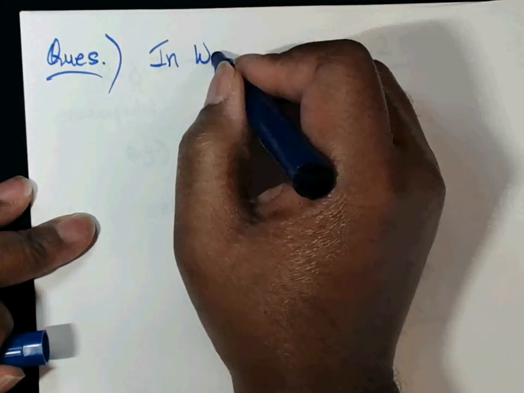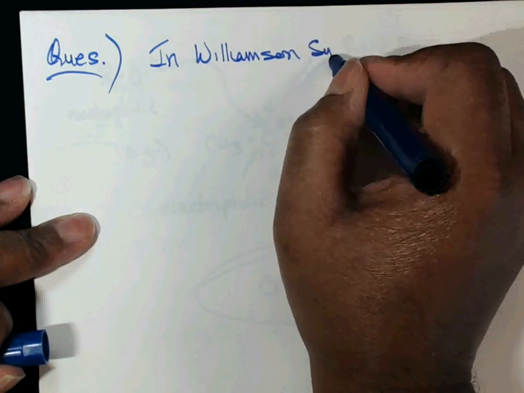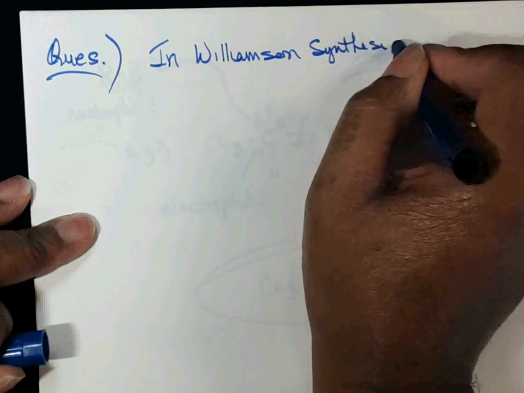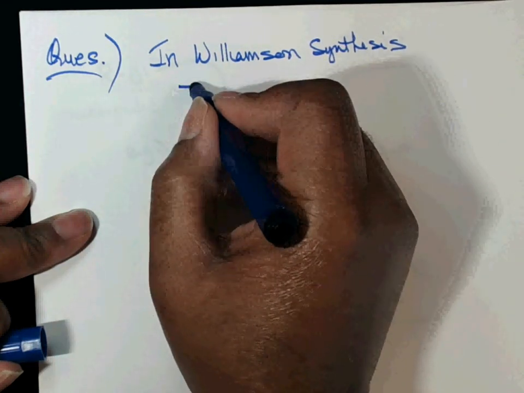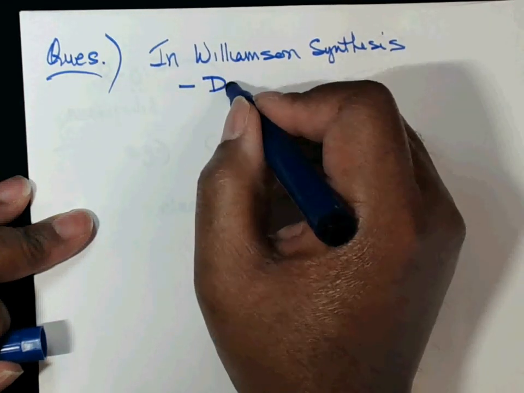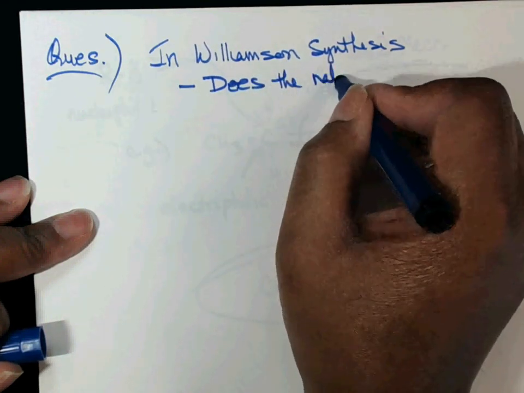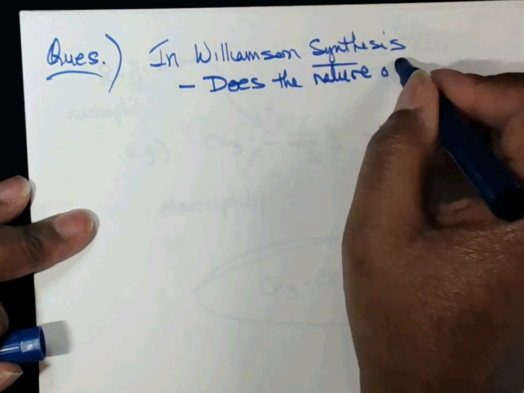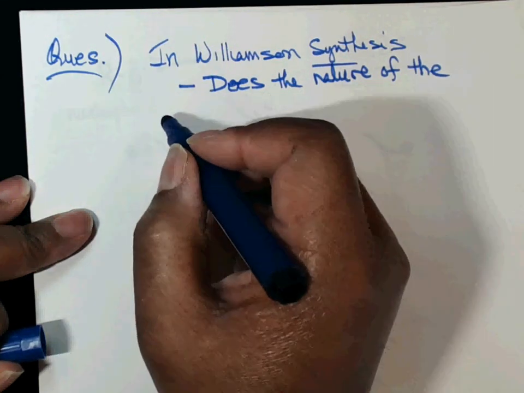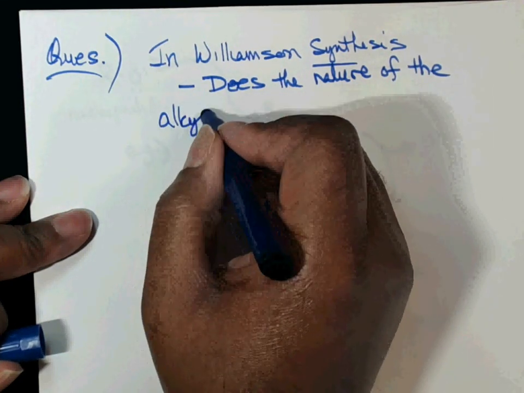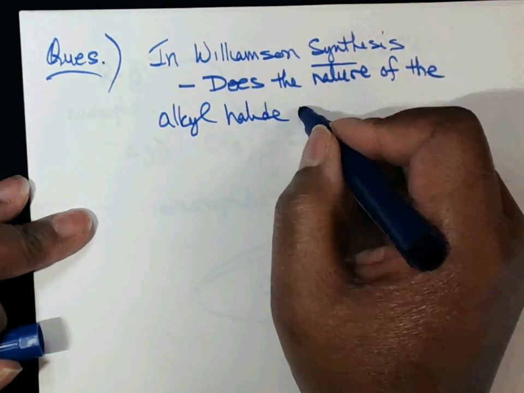In Williamson synthesis, does the nature of the alkyl halide matter?